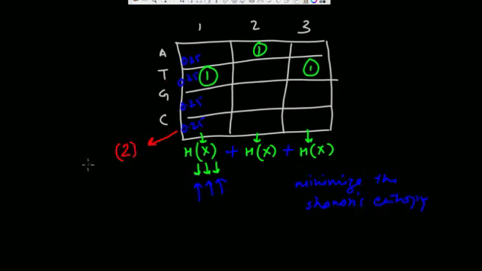So this is your Hx value for 0.25, 0.25, 0.25, 0.25. Each base is equally present at the first position, so this Hx is 2, which means the maximal Shannon entropy would be 2.